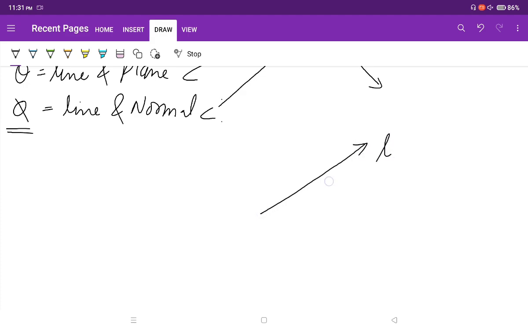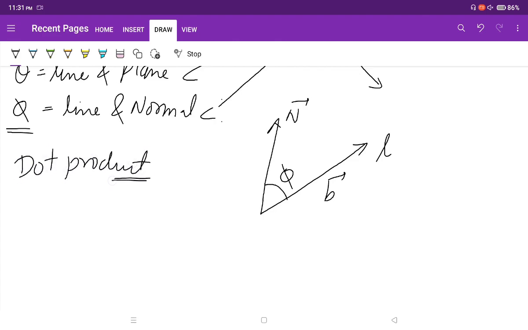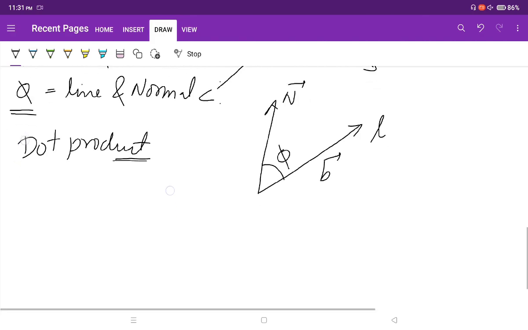We have a line L which has a b vector along it, and we have a normal here which has angle phi between them, right? So we will use the dot product to calculate the angle, right?